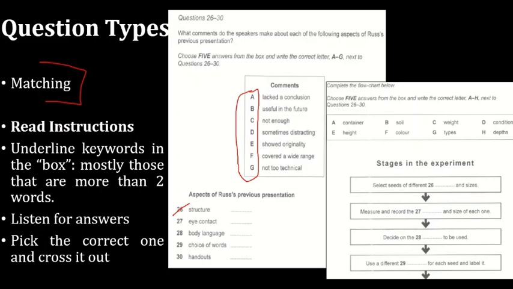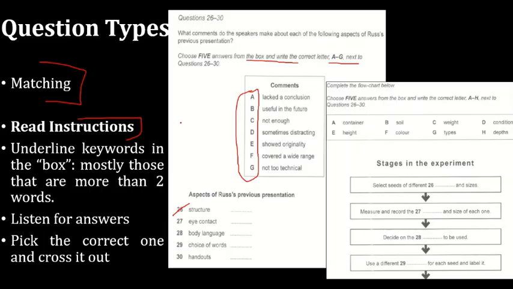You are not going to write all these. That's why first of all, you read the instructions. Choose 5 answers from the box, and write the correct letter A to E next to question number 26 to 30. So that's how it is.